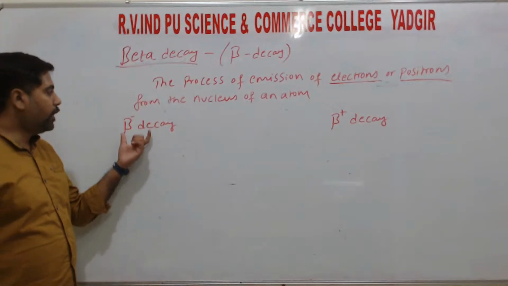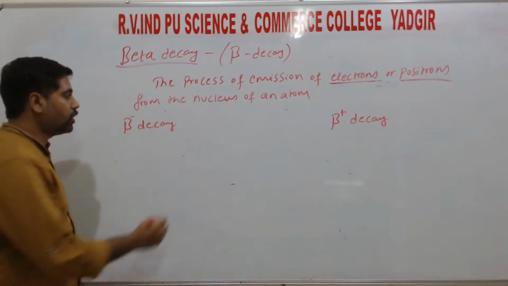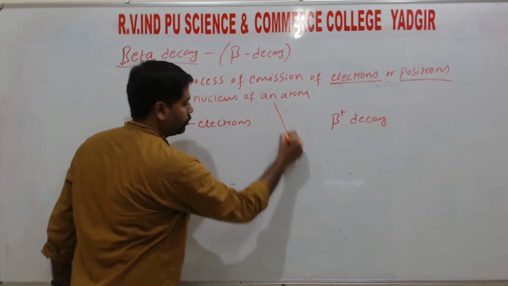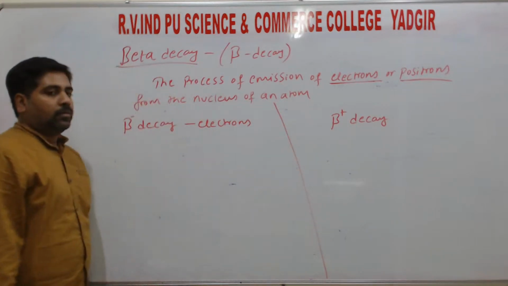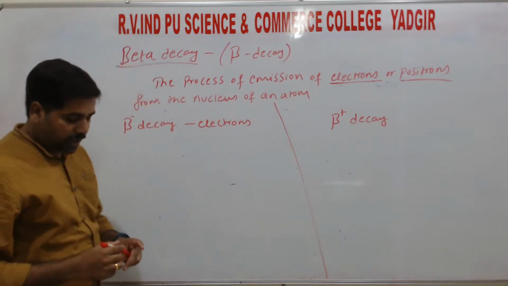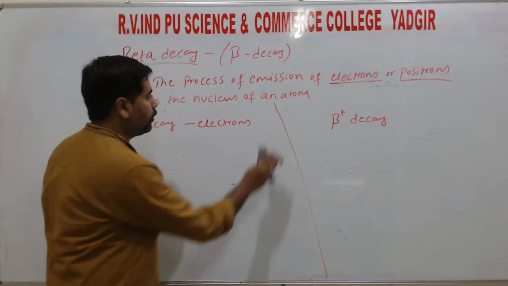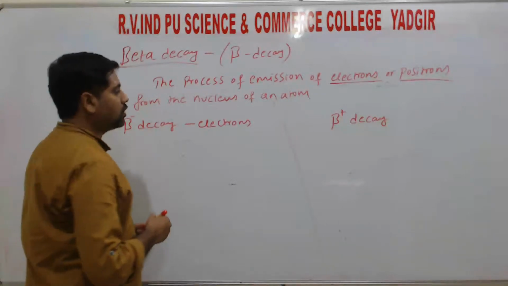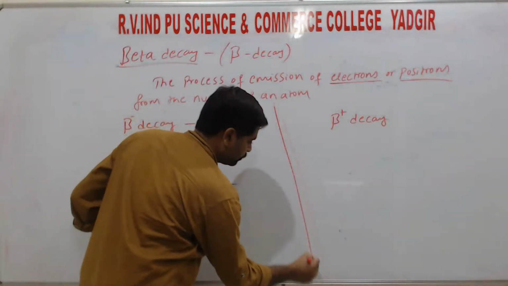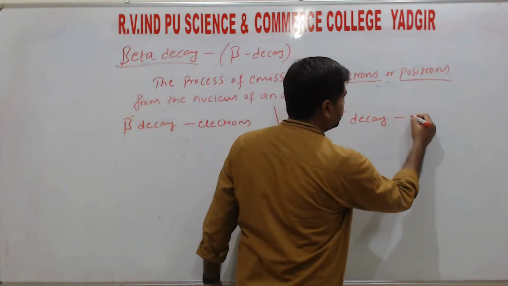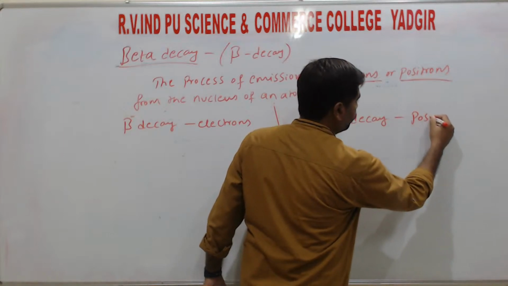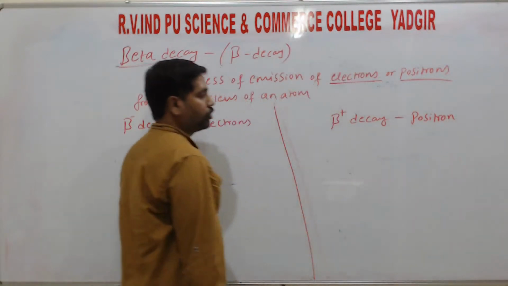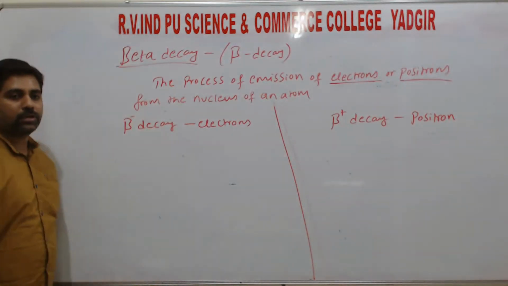In beta minus decay, the emission of electrons takes place. In beta plus decay, the emission of positrons takes place.